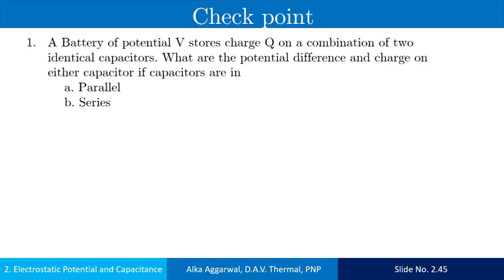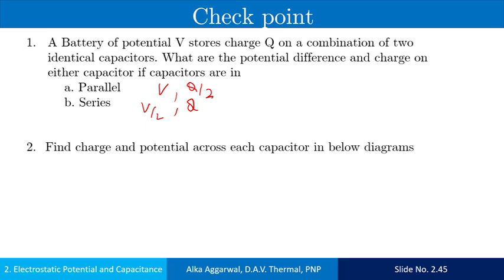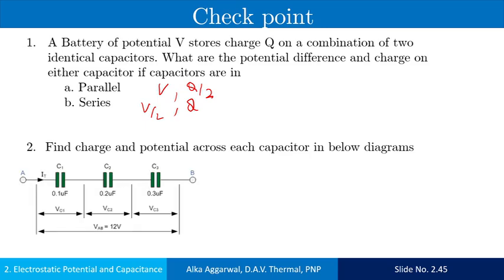In series combination, the charge is same and potential is divided equally as capacitors are identical. So in parallel, the answer is V and Q by 2, and for the series it is V by 2 and Q. Now the second question, find the charge and potential across each capacitor in blue diagrams.